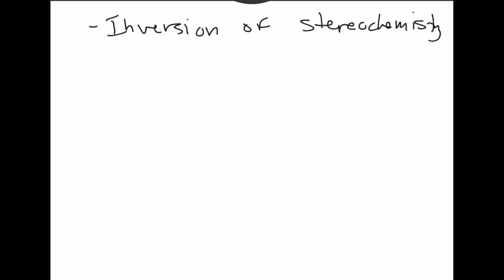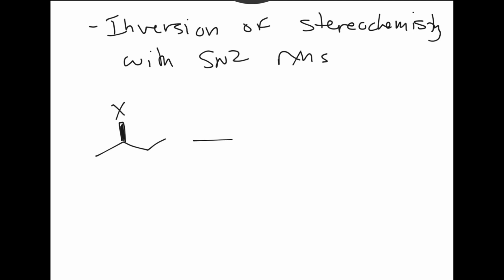The other thing is you get inversion of stereochemistry with SN2 reactions. So what that means, let's say my halide is up and I have my nucleophile. To do an SN2 reaction, you have to approach via backside attack, right?